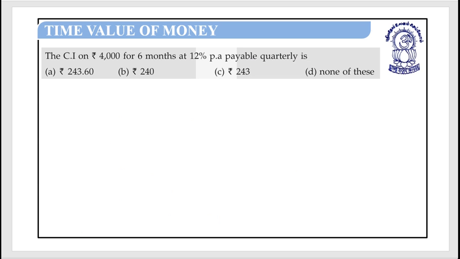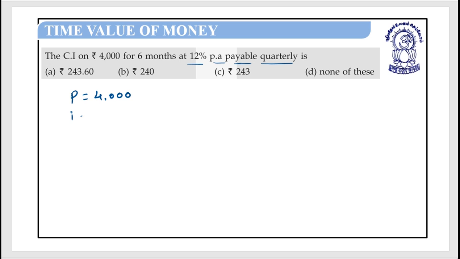The compound interest on rupees 4,000 for 6 months at 12% per annum payable quarterly is. So P is equal to 4,000 is given, for 6 months, 12%.